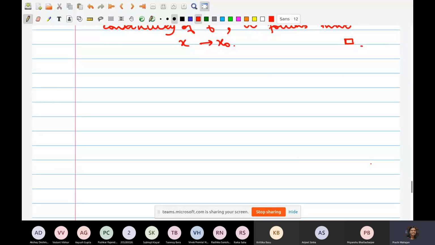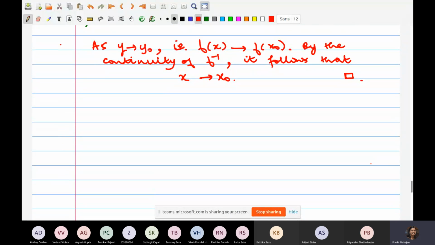So recall that when we were discussing continuity and compactness, we did a result like this. So what is it that I want to say?